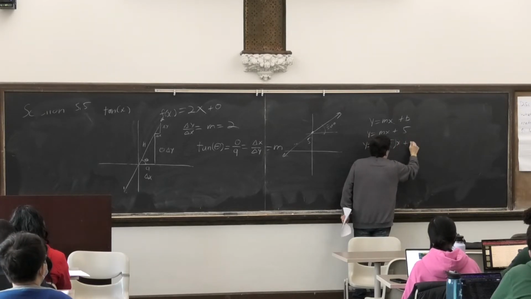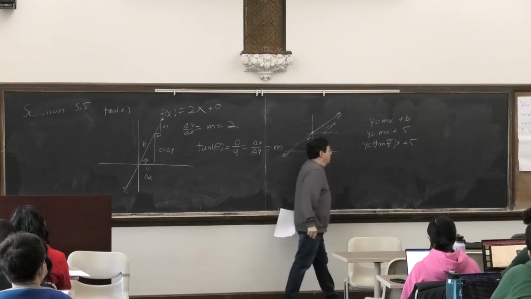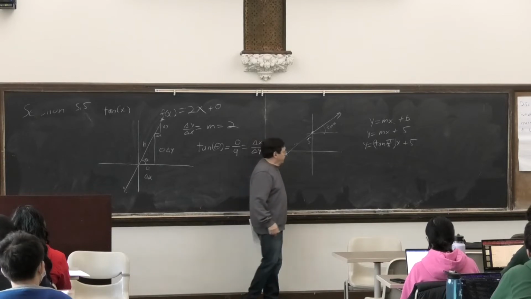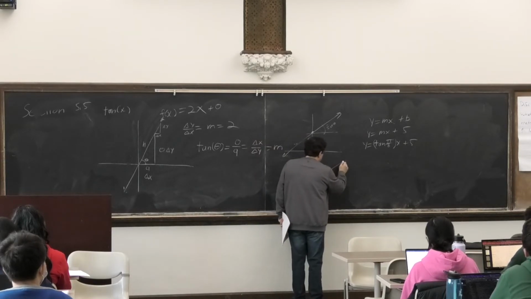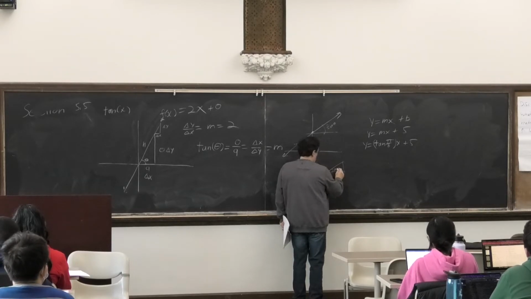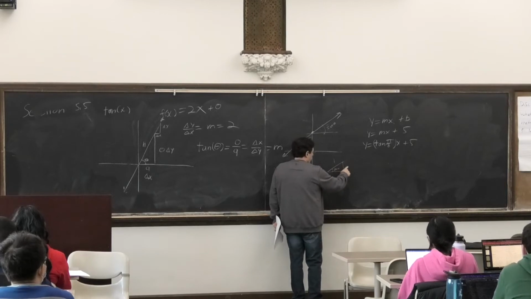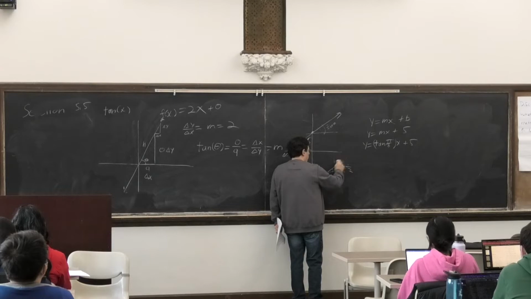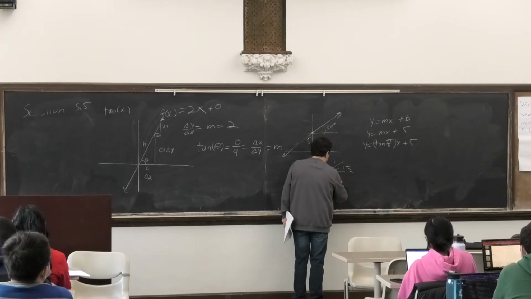X plus 5. So now our only job is to figure out what tangent of 30 degrees is. Well, if you have a 30-degree angle, I hope at this point you know that the shorter side is a half, the hypotenuse is 1, and the longer side is square root of 3 over 2.